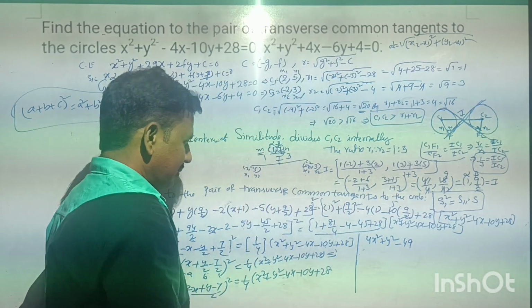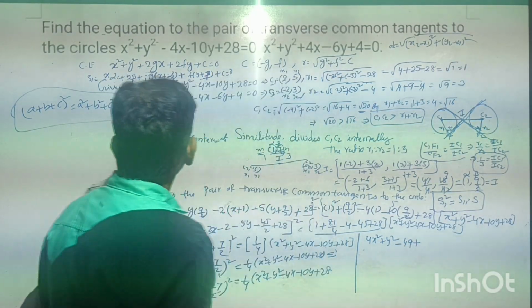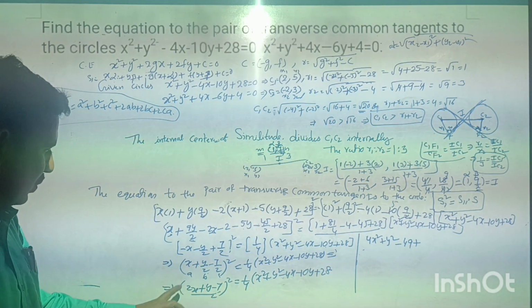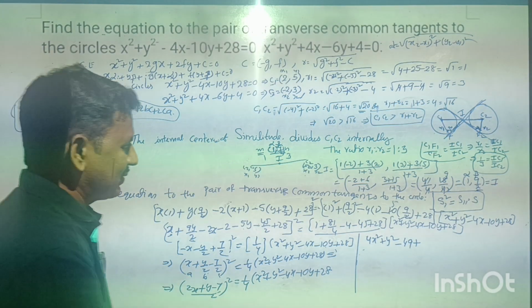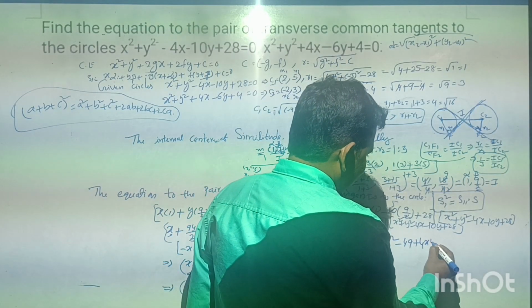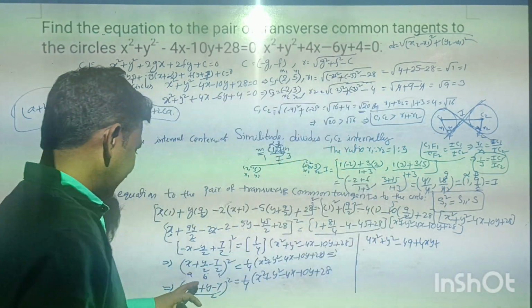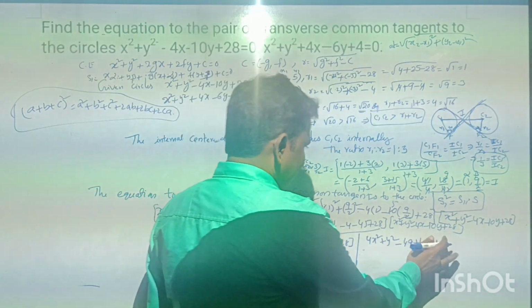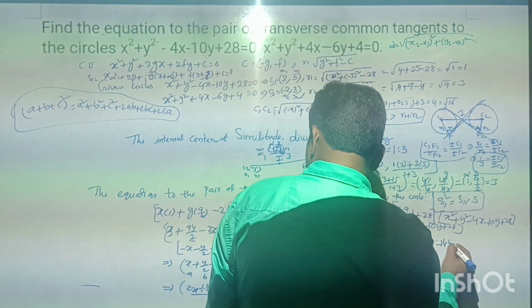49. So plus 2ab, 4xy. Plus 2bc, minus 14y.